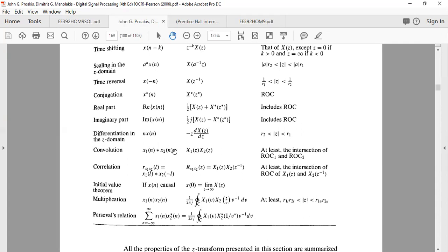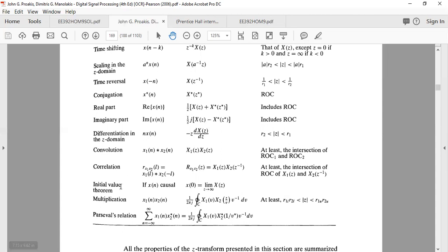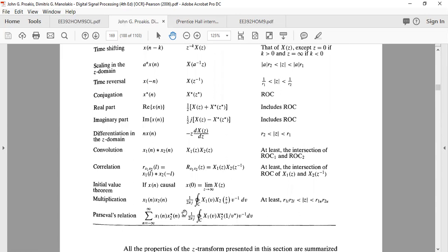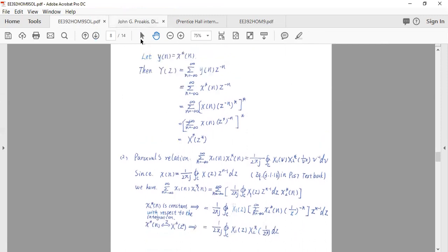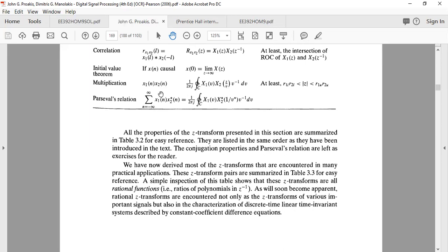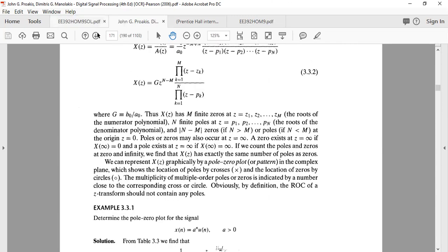So basically the main properties are Parseval's property and the conjugation property that we need to prove, right? But we just need to prove Parseval's property because we have already proved the conjugation property. Let me just check the question again. Yeah, we just need to prove Parseval's theorem and the conjugation property, based on the question.